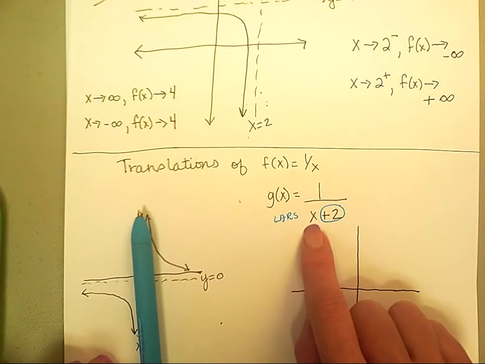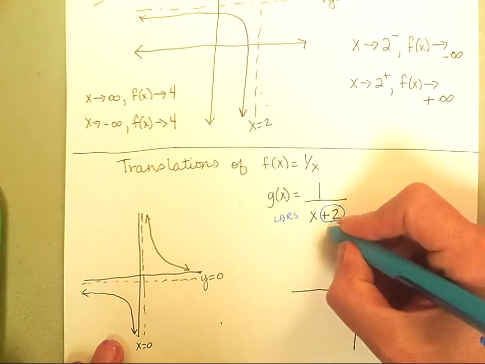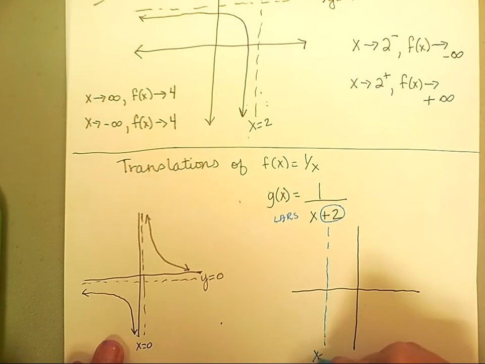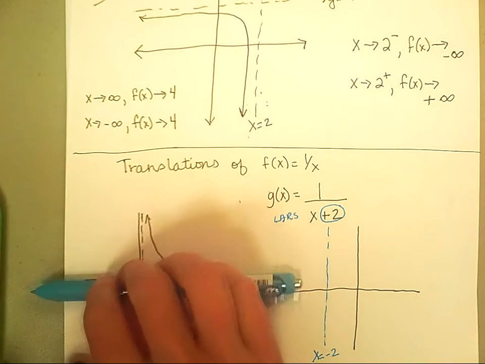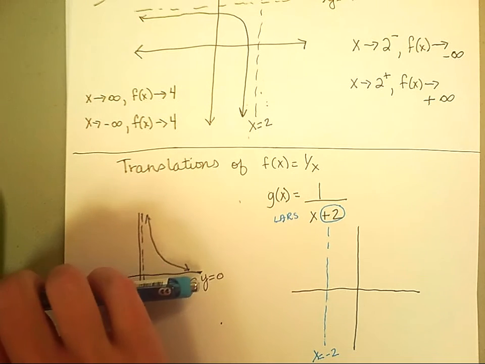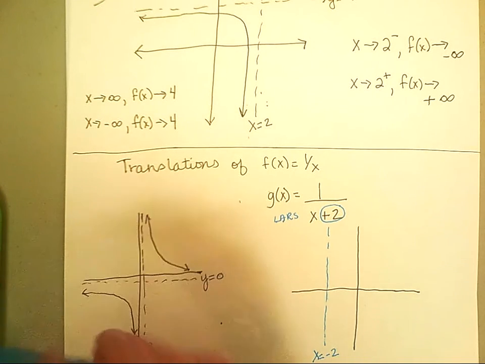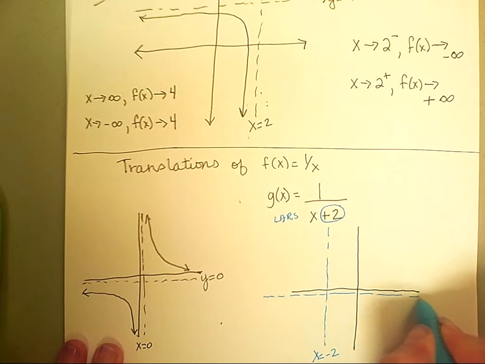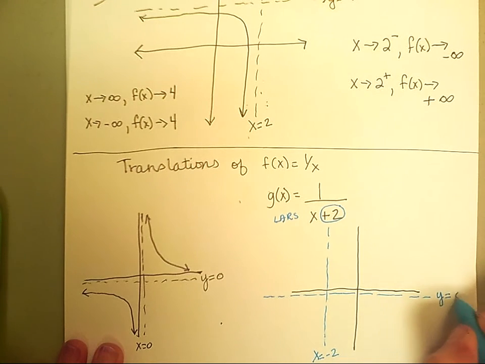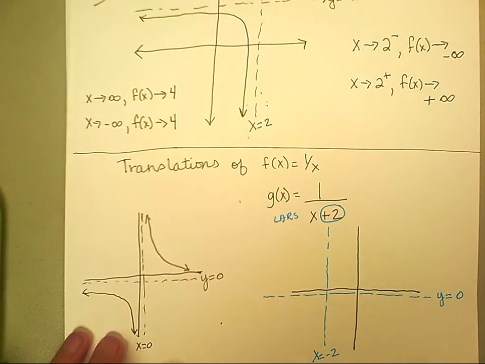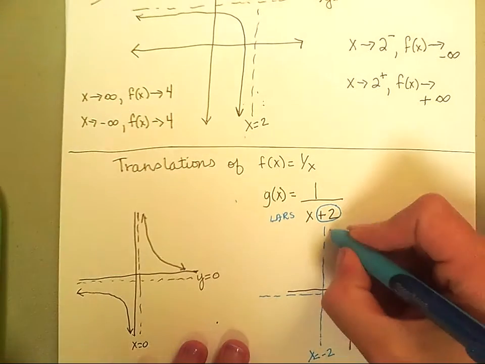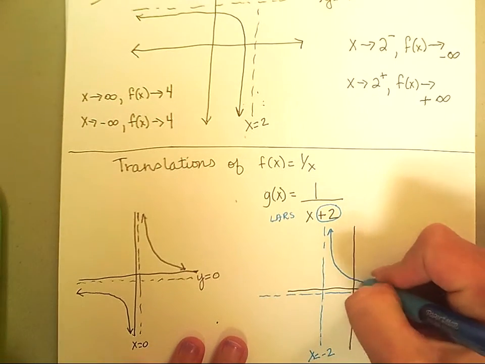It's x equals negative 2. So first I put that in. Now the horizontal asymptote will shift over as well, but shifting over doesn't change the location of it. So it stays where it's at y equals 0. And then every point needs to shift 2 units. So what that means then is it looks like this.